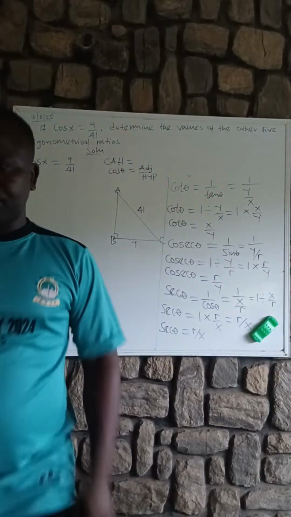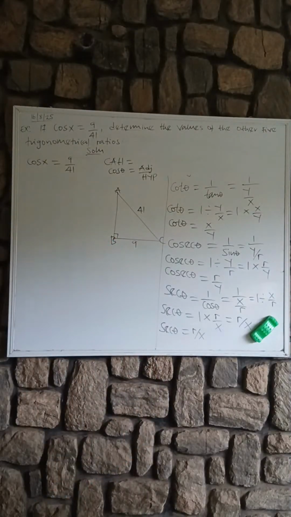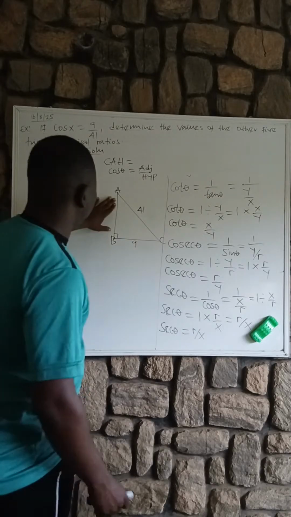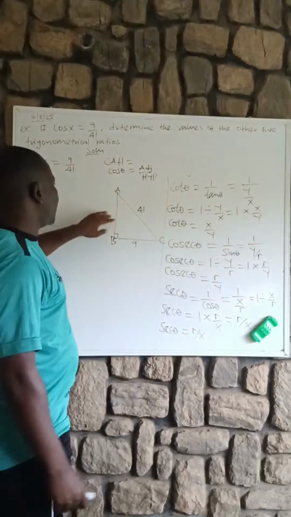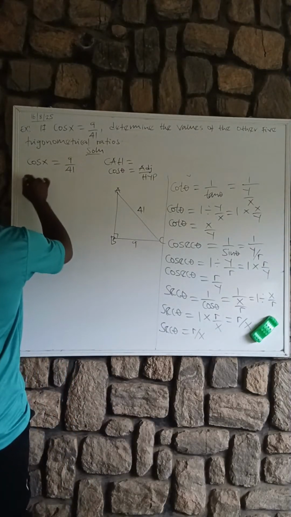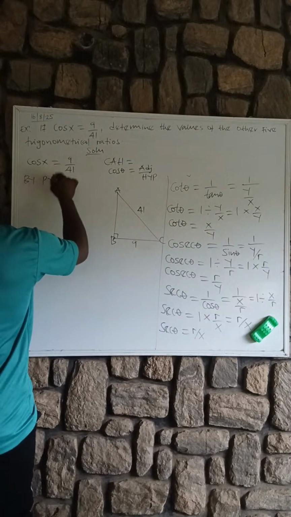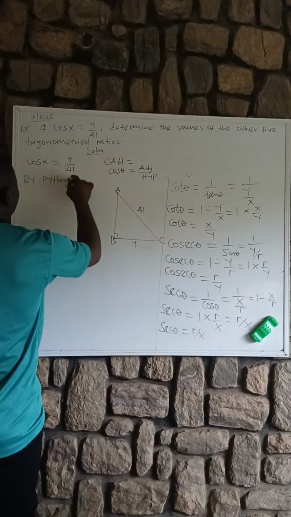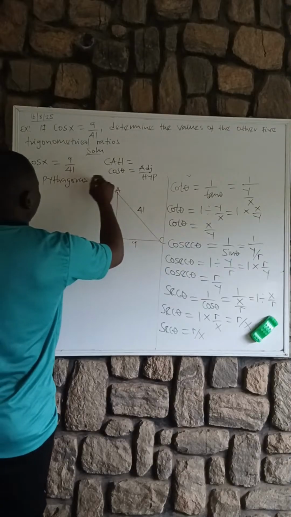Is that clear? Do you understand? Okay. So if you agree with me, let us proceed further. So how can we obtain this opposite? We now apply Pythagoras theorem.